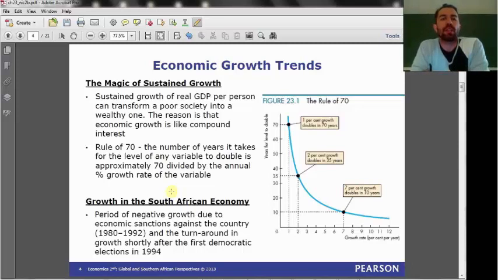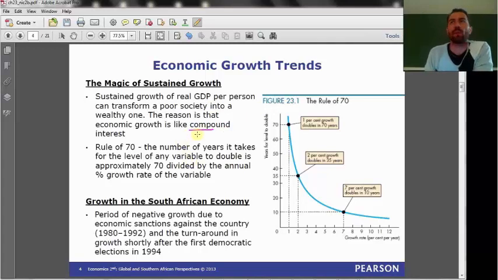Why are we interested in GDP? Because GDP is a measure of wealth, and GDP as a measure of wealth is also a measure of well-being. And GDP growth tells us how well-being is changing over time. And of course, growth, like any other kind of compounding formula, accelerates, and so we end up with a compounding effect.